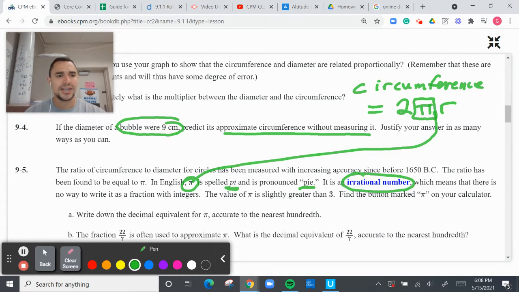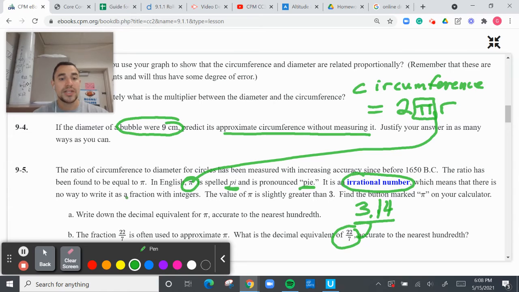It's usually about 3.14, or equivalent to 22 sevenths. Being irrational means there's no way to write it as a fraction with integers, but this is as close as we can get. 3.14 is the shortened version.